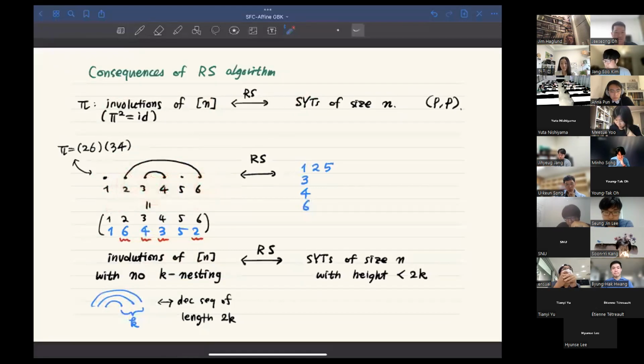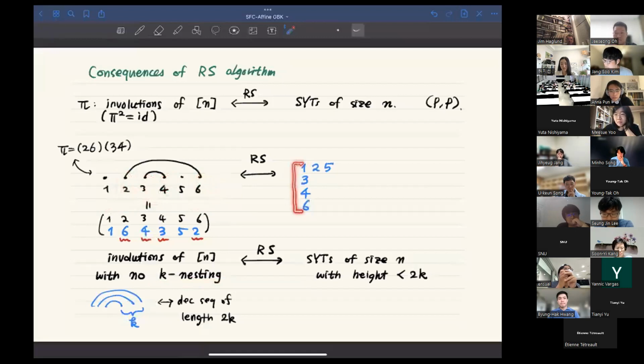So whenever you see a k nesting in the matching, then the corresponding involution has a decreasing subsequence of length 2k. And by the RS algorithm, here we have a standard Young tableau of size n, and the maximum length of the decreasing subsequence corresponds to the height. So there are no k nestings means that the standard Young tableau has height less than 2k. Okay.